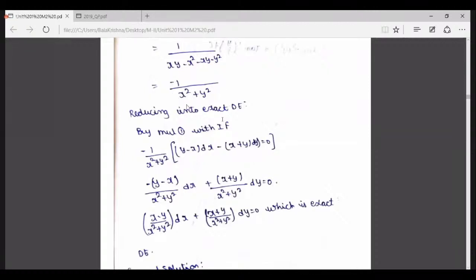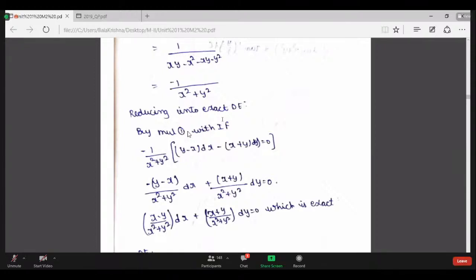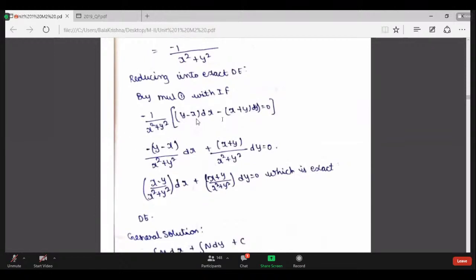So once you have this integrating factor, you should multiply it to the given equation. When you multiply, minus 1 by x square plus y square into M dx plus N dy equal to 0, it will be in the form of x minus y by x square plus y square dx, and this will be x plus y by x square plus y square into dy equal to 0.